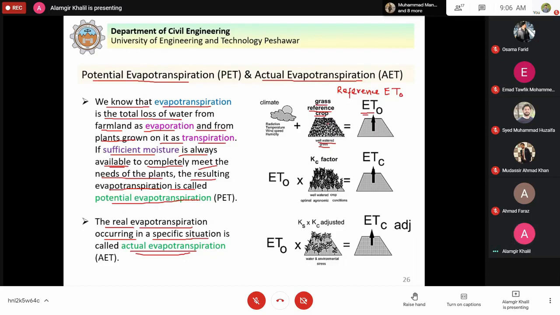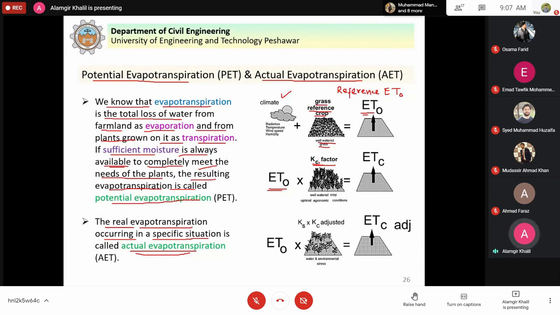In this case this reference evapotranspiration is mainly a climatic parameter. You will see that when we calculate this, mostly we consider the climate data for that area. So in order to make it applicable to crops, this ETO, the reference evapotranspiration, is multiplied by a crop factor, that is Kc, and the crop factors are calculated for the different crops, and these are available in the form of tables in the literature.